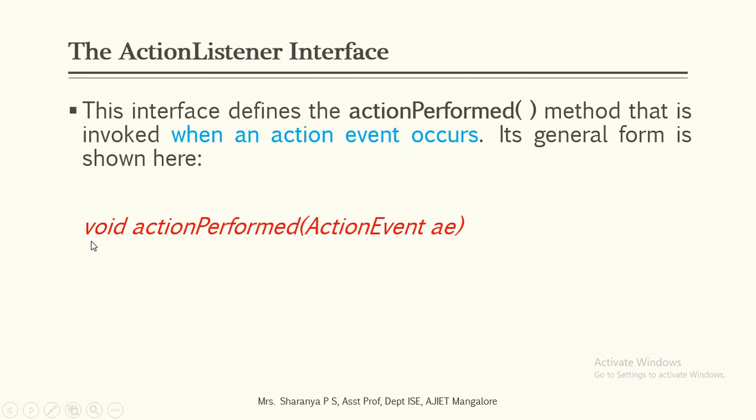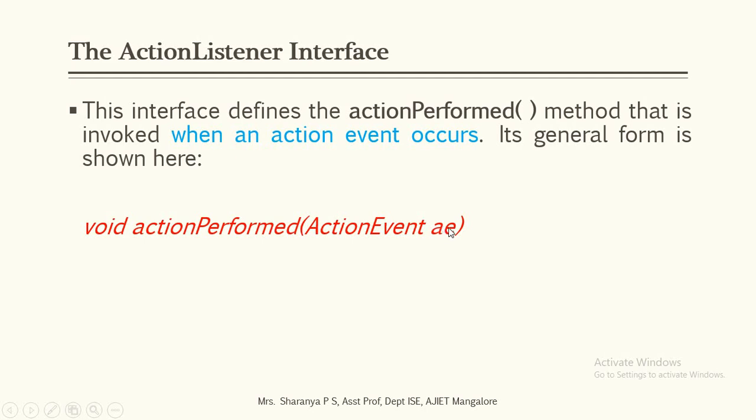The way we use this method is void actionPerformed, and this is the object that we refer to in order to connect with the event, that is ActionEvent. This is generated by the action event, and this is the object that will be connected between the source and the listener.